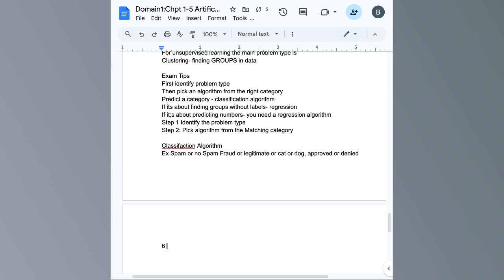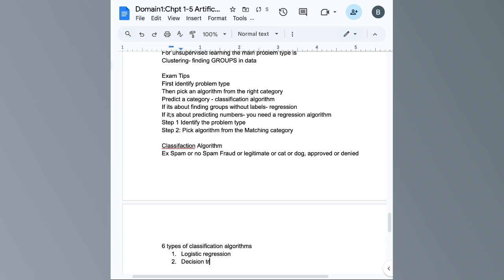There are 6 types of classification algorithms. 1. Logistic regression. 2.